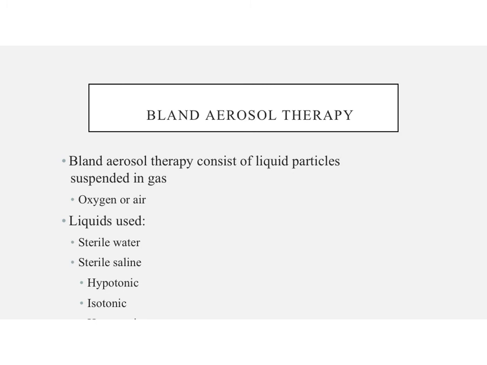So hypotonic is going to be less salinity than that of the body's natural salinity. So we'll write that right here, less than body's normal saline. We have isotonic, so that's going to be normal saline, so that's 0.9%. So normal saline.